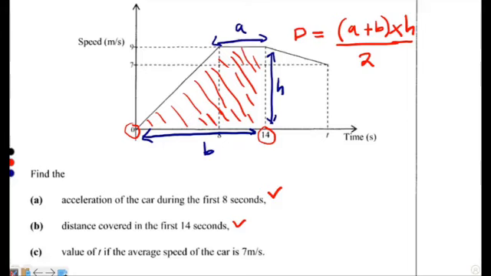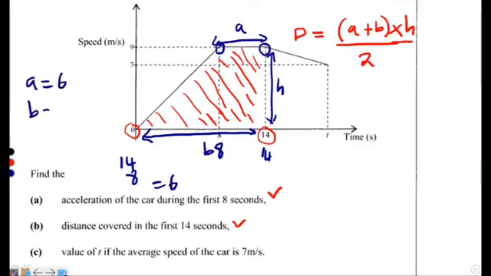For A, we consider the difference in time from here up to this point. You can see here we have 14, then here there is 8. So the difference is 14 minus 8, which gives us 6. So the value of A is 6.